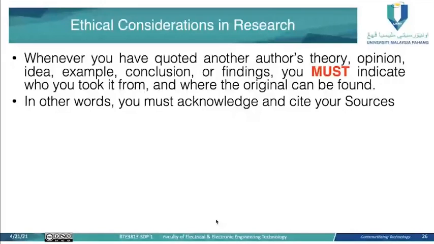Whether it's text, figure or table, you must cite these references. You must acknowledge by citing the resource, because maybe later on when you or your supervisor publish your work, you have acknowledged this person who already helped you get some ideas. This is a type of acknowledgement for the one who did this research.